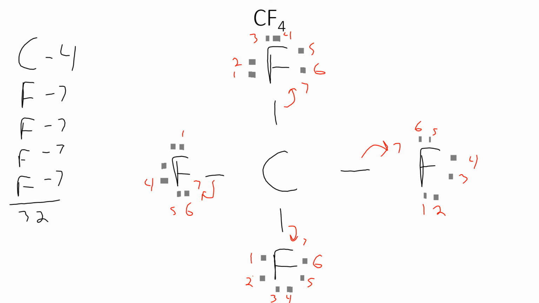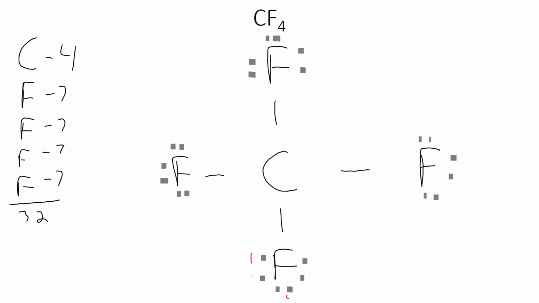The way we write formal charge is each atom gets listed a formal charge. So I'll erase all of our counting here, and then I'll show how to write the formal charge for each of the fluorines. Because the formal electrons exactly matched the valence electrons, they had a formal charge of 0.